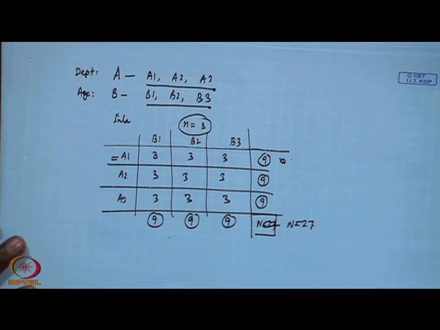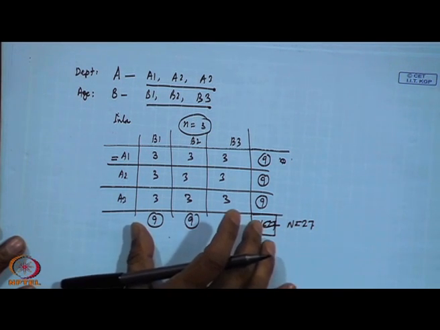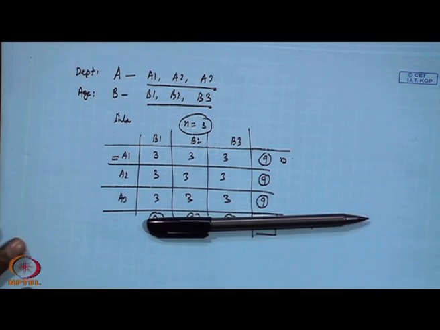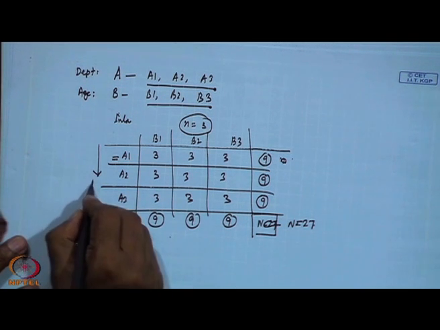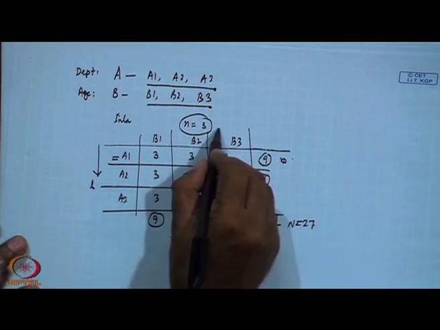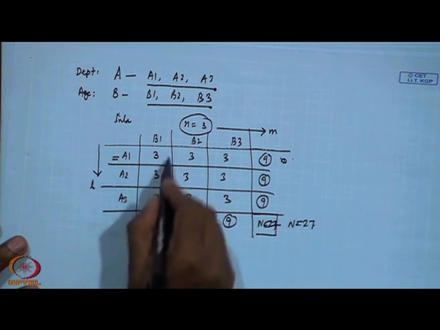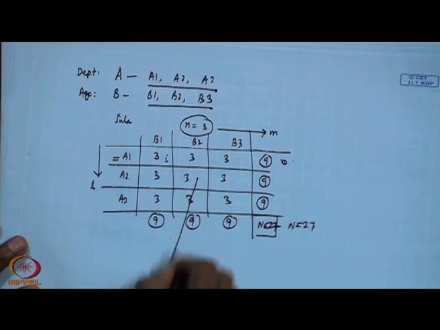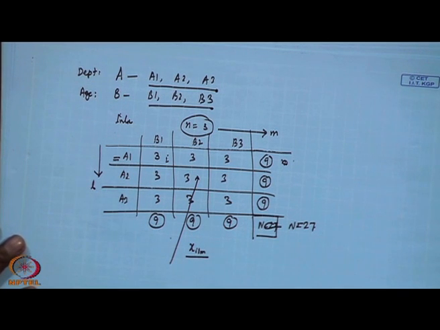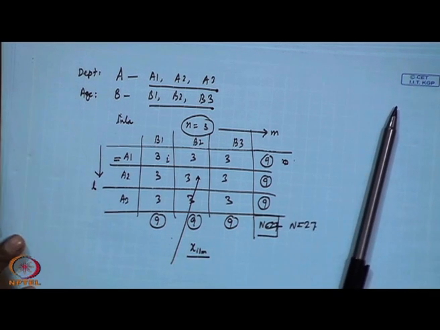This is the data as far as the number of observations is concerned, and you see the different values. If you want to use notation, for departments we will use L, for age groups we will use M, and for observations we will use I. So, any observation can be denoted by X_ILM.